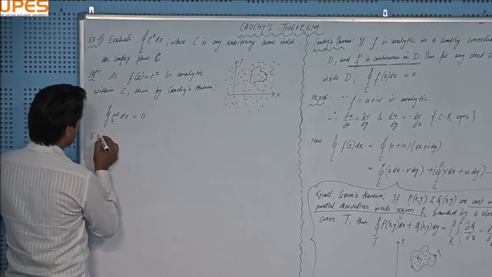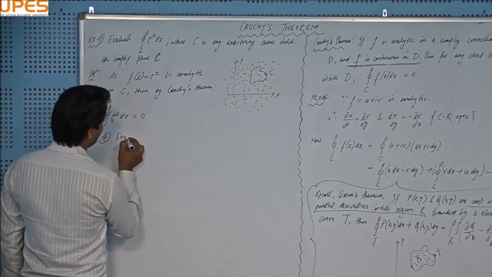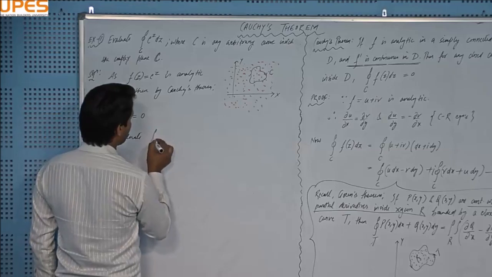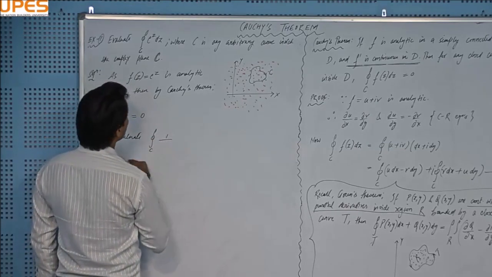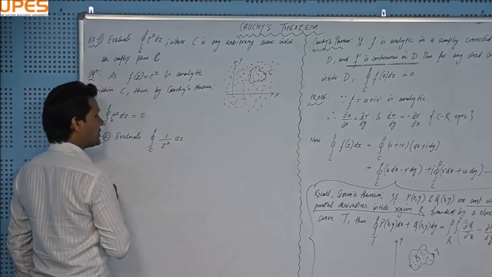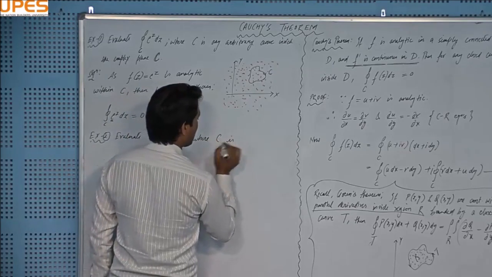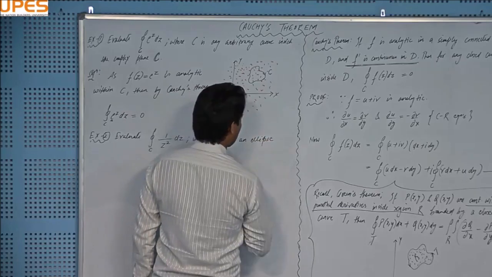The example number 2, and this time I will evaluate the integration along closed curve C of 1 over z square dz, right? Where C is an ellipse, right?